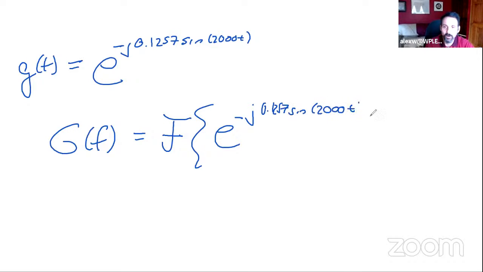And so that's the bad part. So how do you take the Fourier transform of e to the minus j? The first thing you would do is see if there's a reliable Fourier transform pair. And if not, you're going to have to just go through brute force.